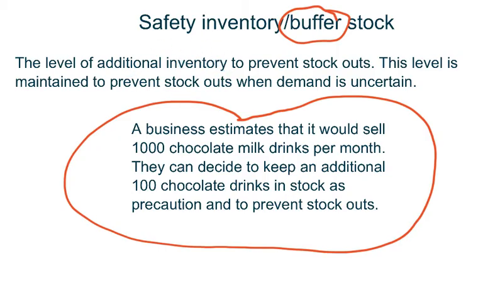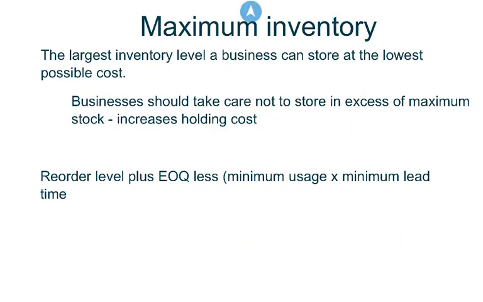So let's look at this example. A business estimates that it would sell 1,000 chocolate milk drinks per month, but then they are not really certain. It's only an estimate, so they can decide to keep an additional 100 chocolate drinks in stock as a precaution to prevent stock outs.